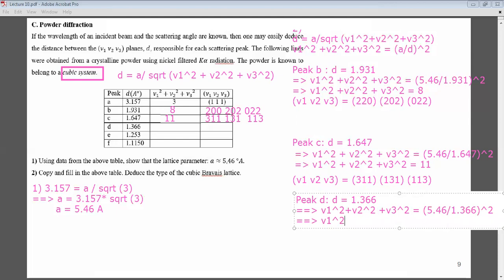Of course, here I'm using the calculator, and V1 square plus V2 square plus V3 square is equal to 16. Okay, and then what values of V1, V2, and V3 give me 16? If I think of 4, 0, 0, because it is 16, and then 0, 4, 0, and 0, 0, 4.